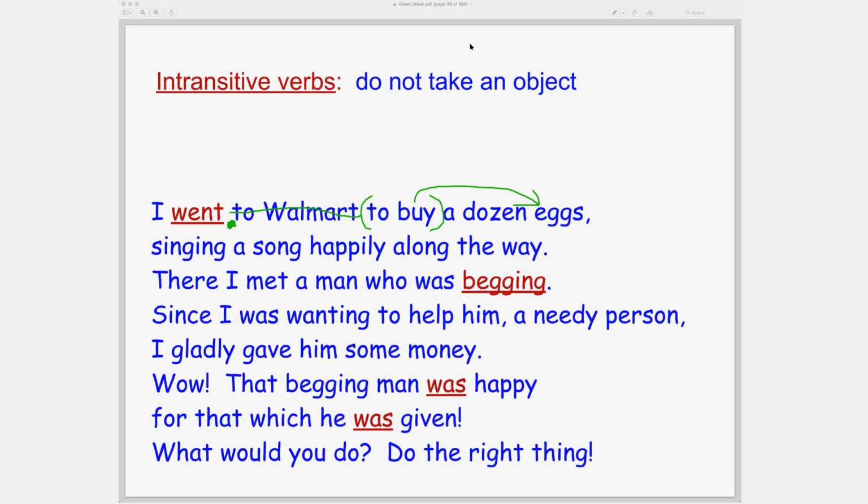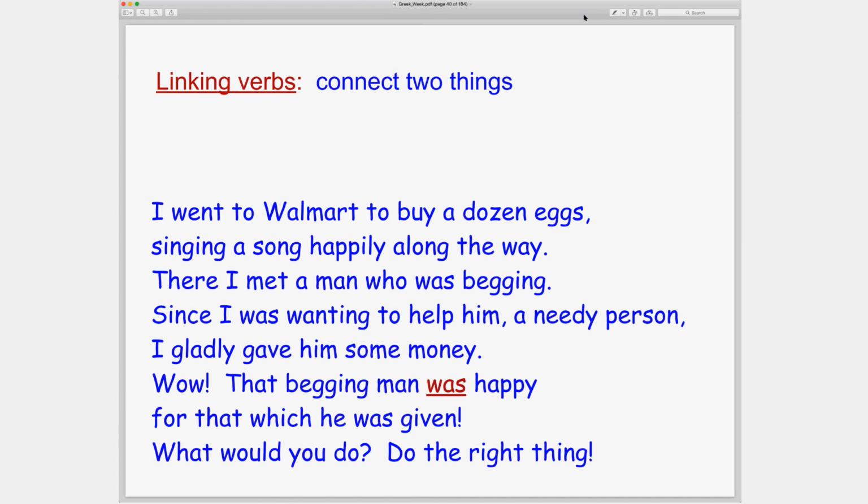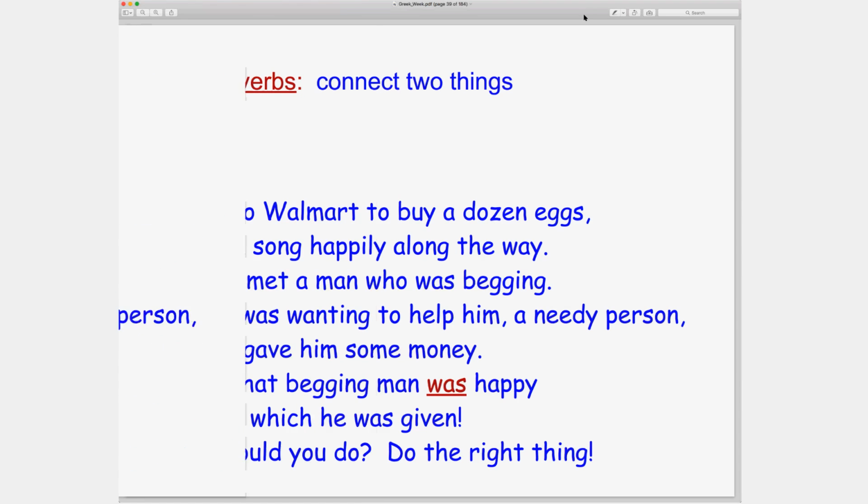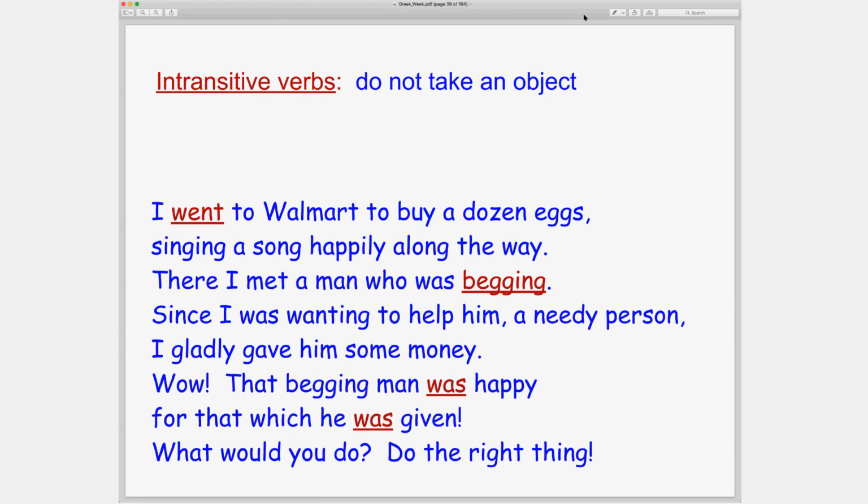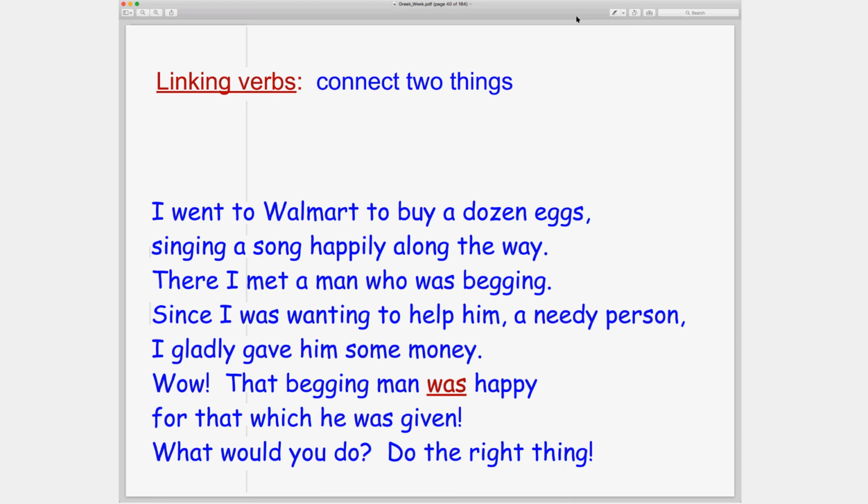Okay. Was is an intransitive verb and is also a linking verb in this case. Notice in the last case, was is not an intransitive verb. Was is a helper verb to forgiven. Okay, so that begging man was happy.